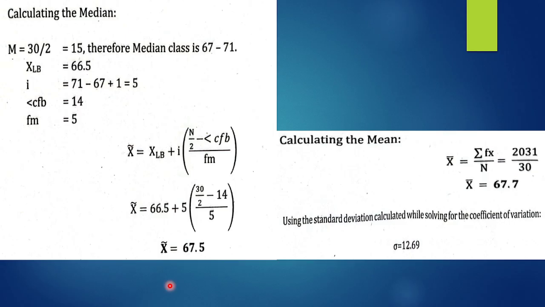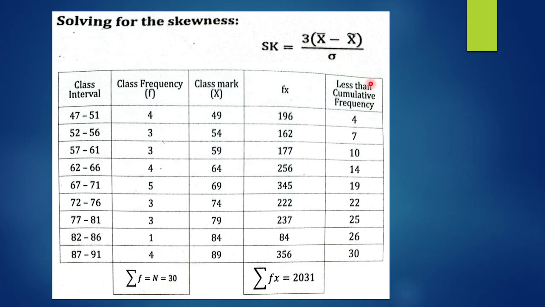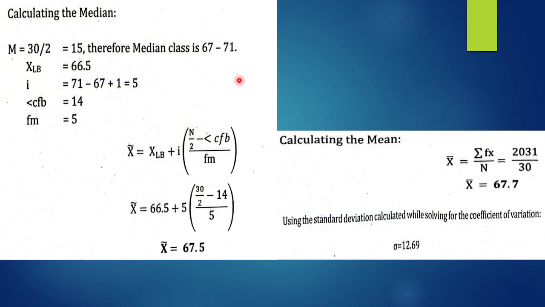Now let's proceed. Calculating the median first, since these are the things that we need to know, the mean and the median. We know about the mean. Let's proceed to the median. Now, for the median, in order for us to get the median class, use n over 2, equal to 30, that is the total number of the frequency, over 2. Of course, it will equal to 15.